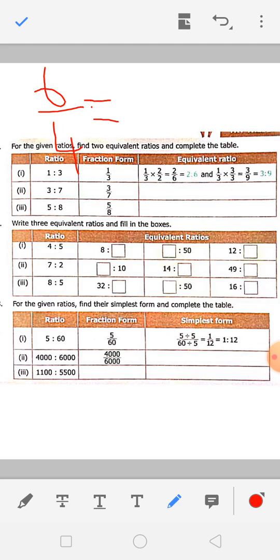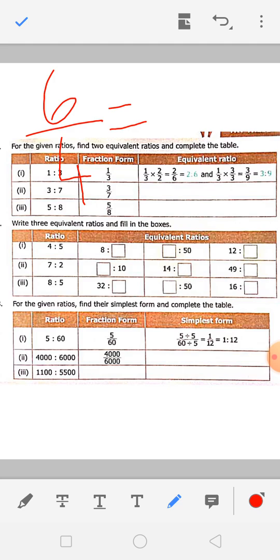First of all, check that this is 6 divided by 4, correct? Check that 6 and 4 have the same table. In which table will the 6 and 4 values come? The 3 table, first table, no problem.